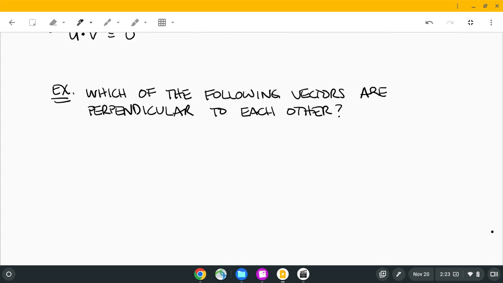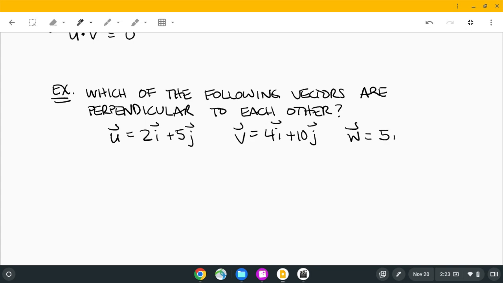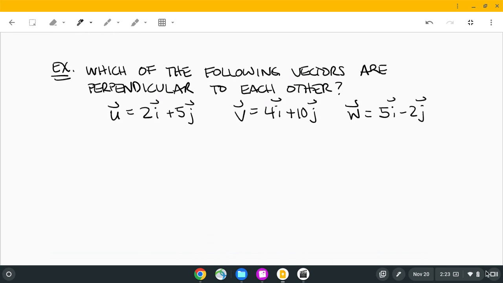Here are the vectors. Vector u is 2i plus 5j. Vector v is 4i plus 10j. And vector w is 5i minus 2j. Which ones are perpendicular to each other?